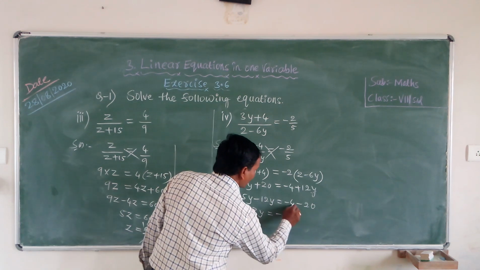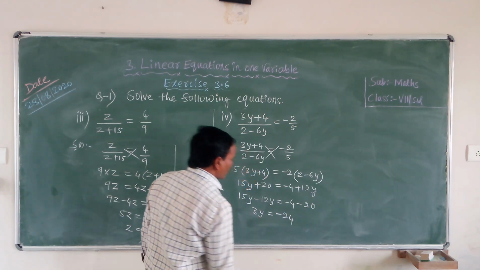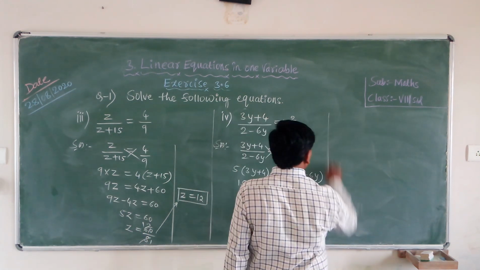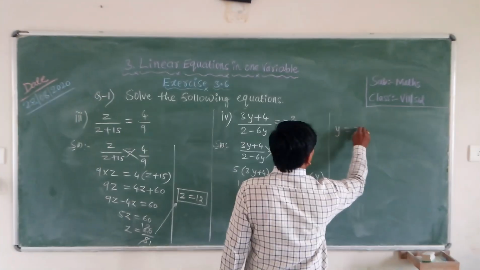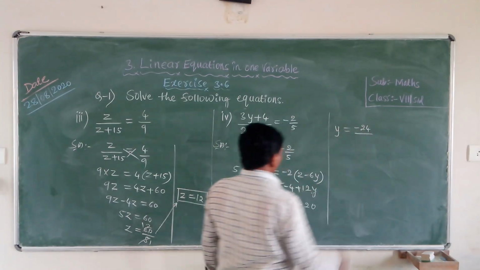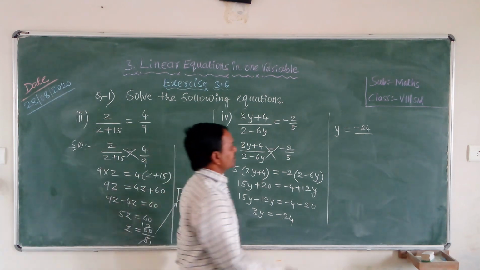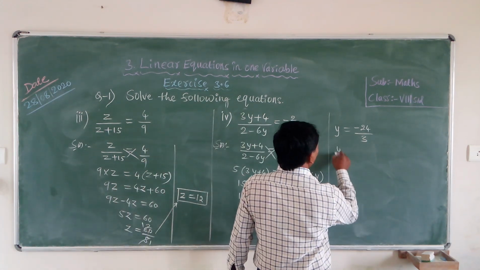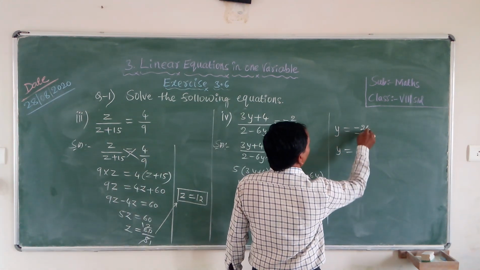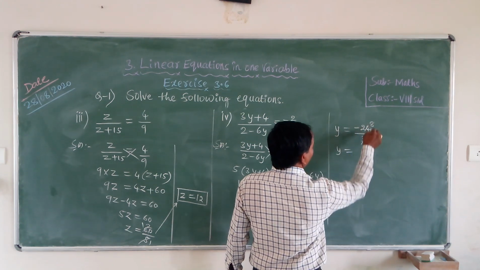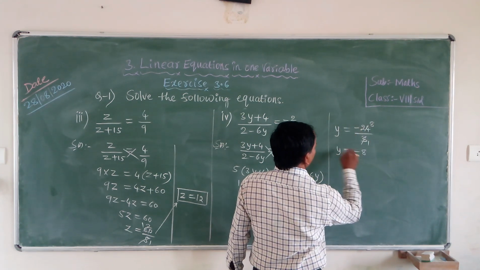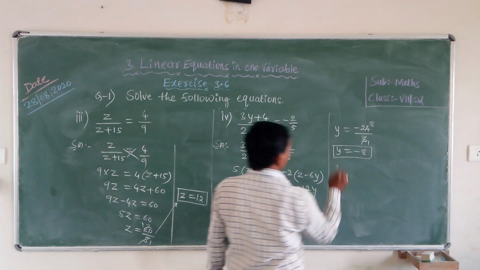After adding 4 plus 20, 24. So y is equal to minus 24 divided by 3. 3 8s are 24. Minus 8 by 1 means minus 8. This is the answer, my dear student.